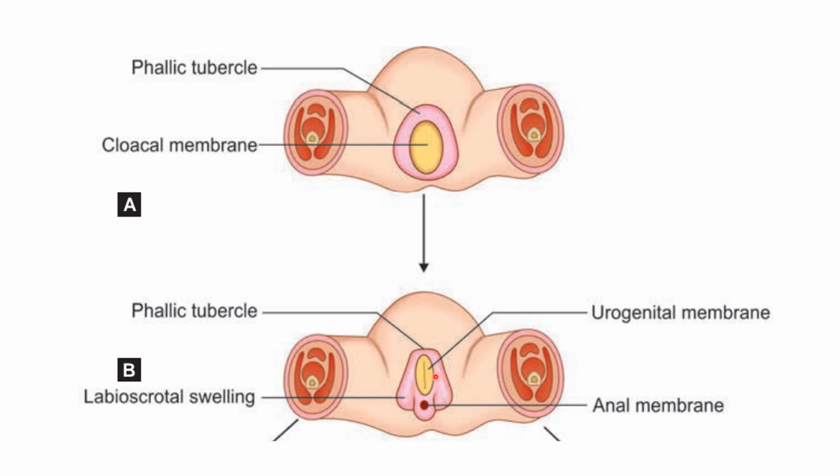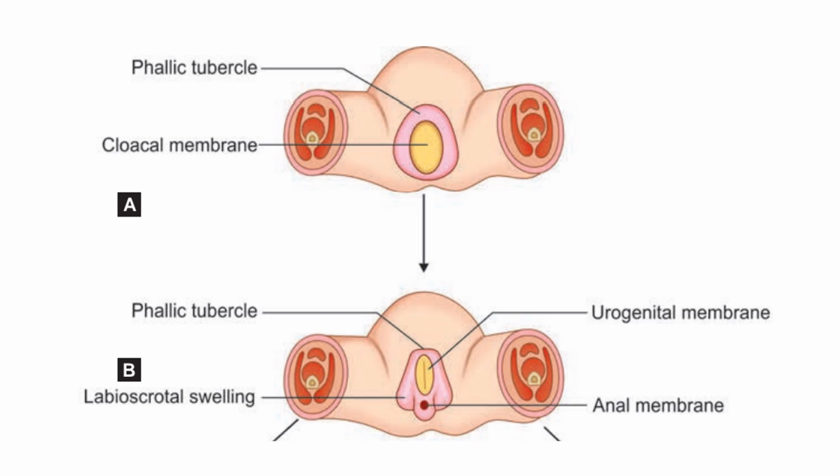Further laterally on either side, we have the labioscrotal swelling or genital swelling. Then on the cranialmost part, we have another swelling lying in the midline, and that is known as the phallic tubercle. So at this stage, we have primitive urethral folds, genital swelling, and the genital tubercle or phallic tubercle. Posteriorly, as we already know, this is the anal membrane, and in between them we will have the perineal body.